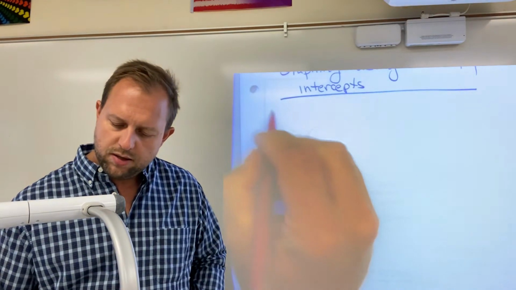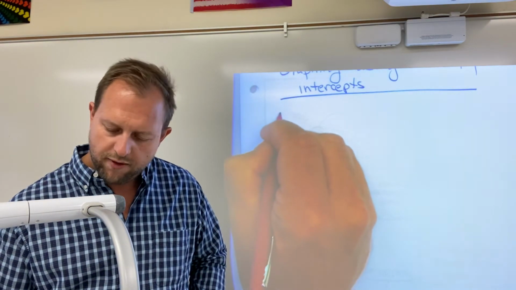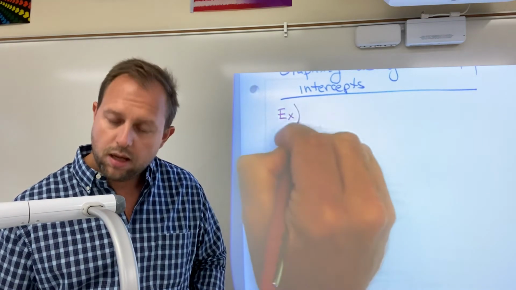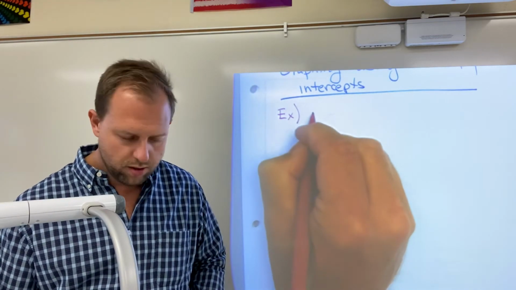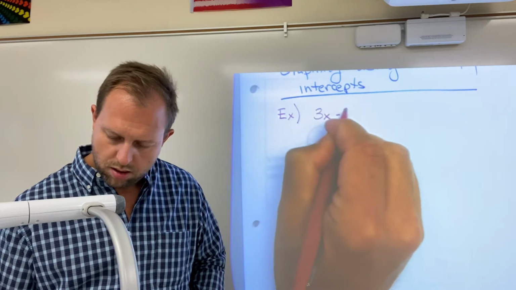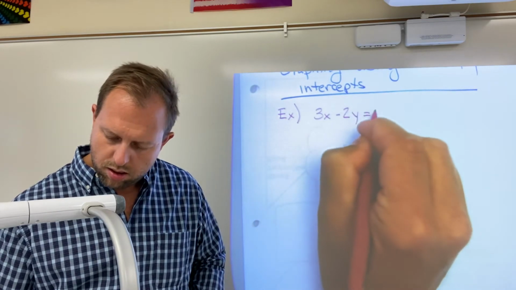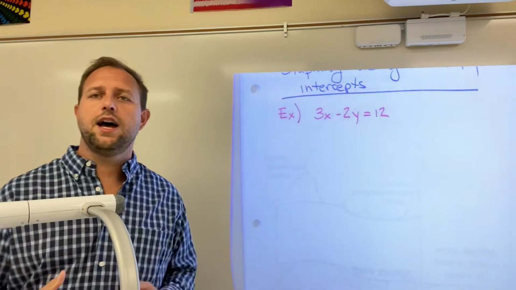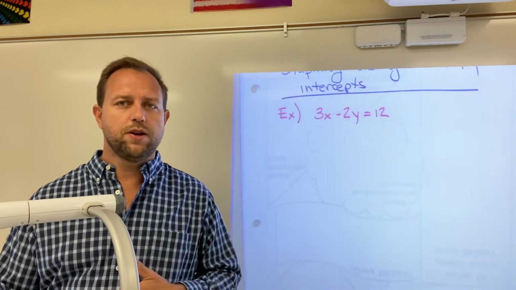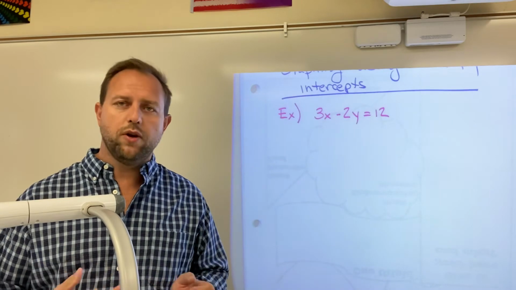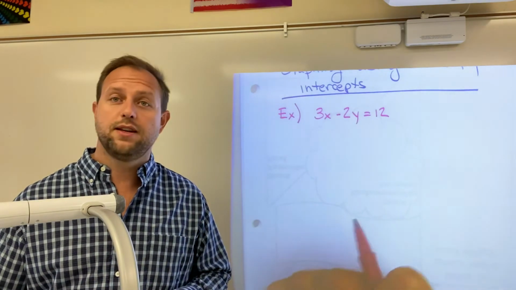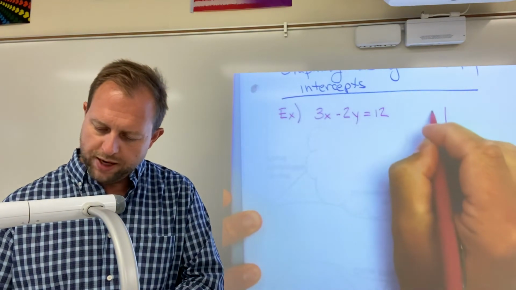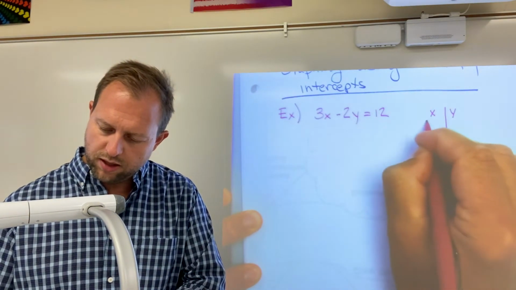In this case, we're going to have problems that are not in slope-intercept form. And instead of taking the time to solve it for slope-intercept form, we're simply going to use the cover method to determine the x and the y intercepts. We need a place to record them, so we're going to make ourselves a little table.